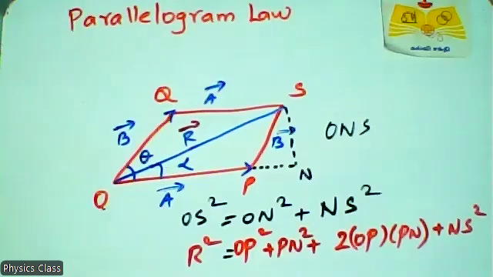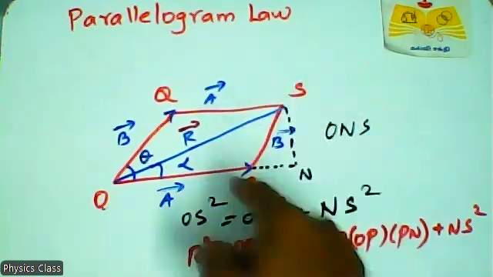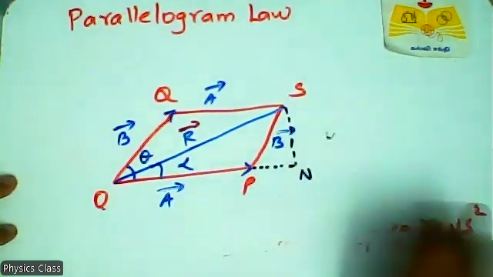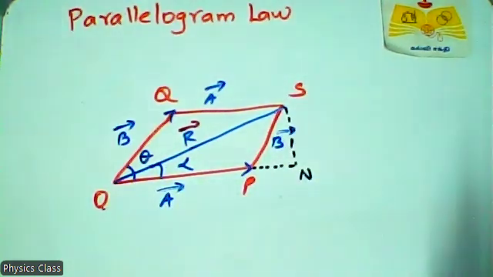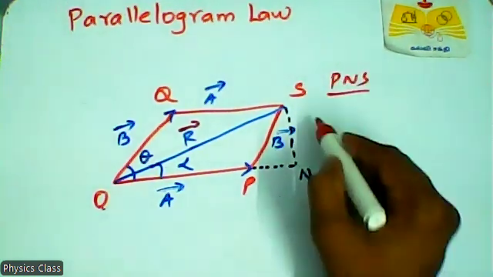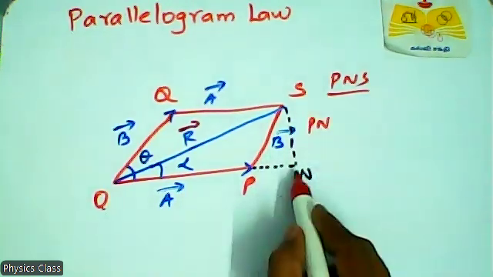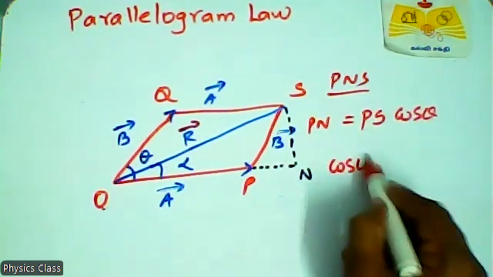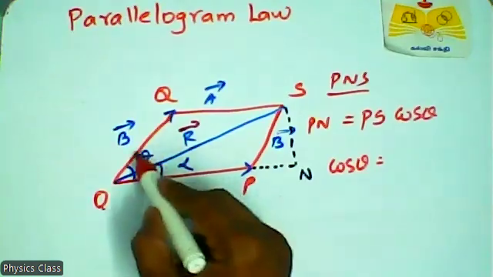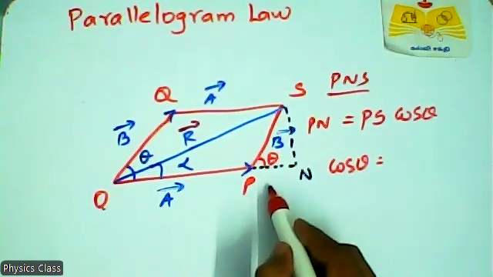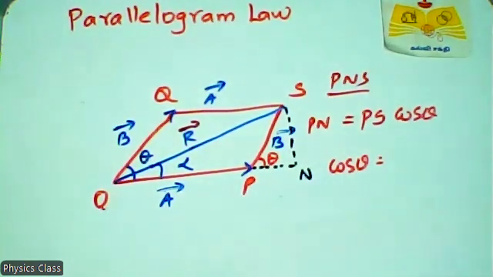Then we take another triangle, PNS. In the triangle PNS, PN is equal to PS cos theta, because cos theta means adjacent side by hypotenuse.